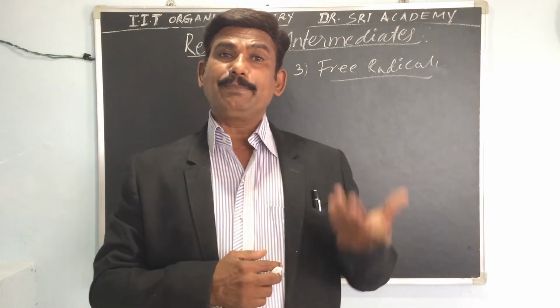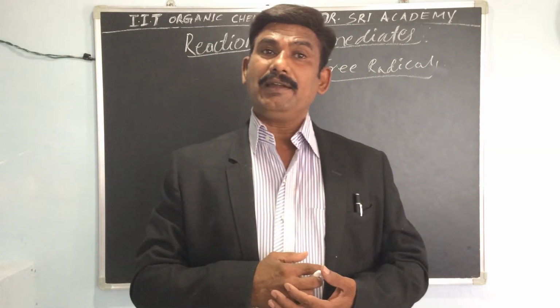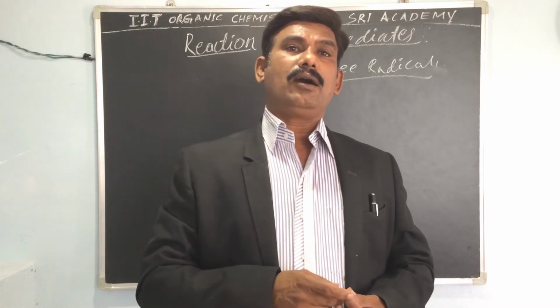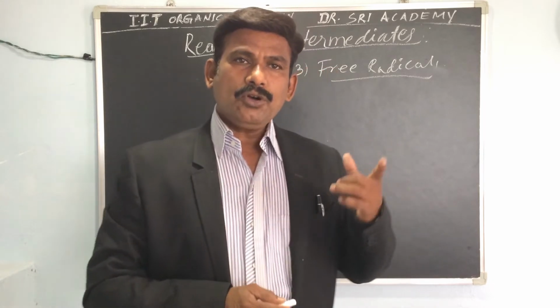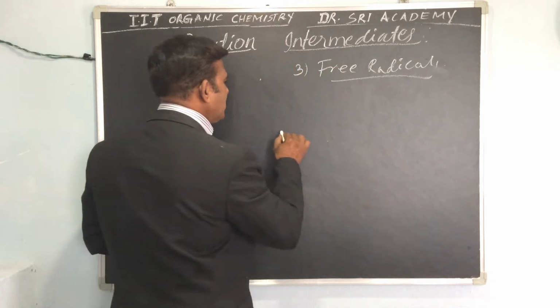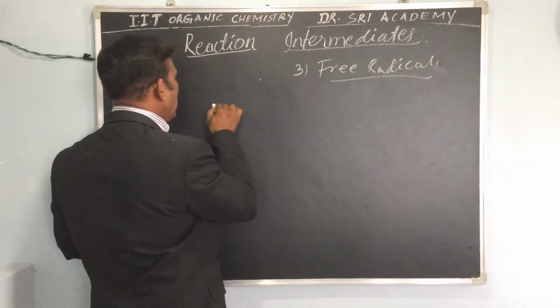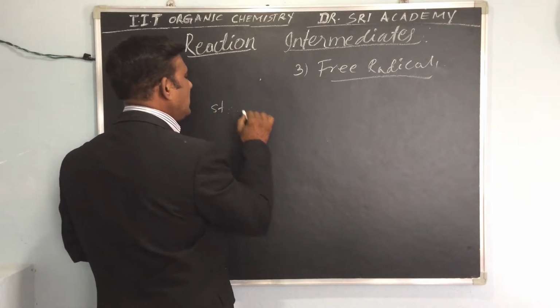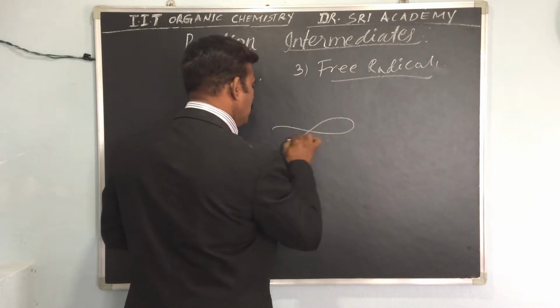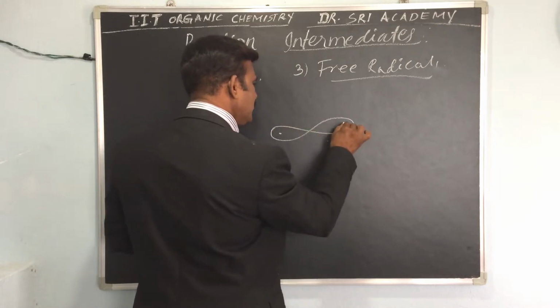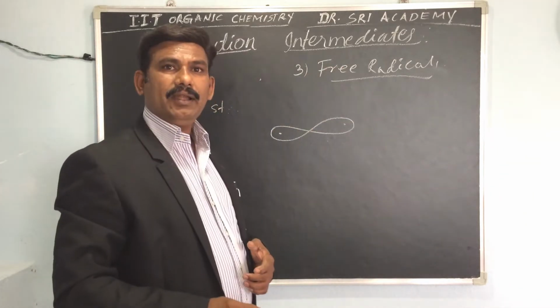There are two types of free radicals: sp2 hybridized free radical and sp3 hybridized free radical. The structure 1 is sp2 hybridized. These are the free radicals.